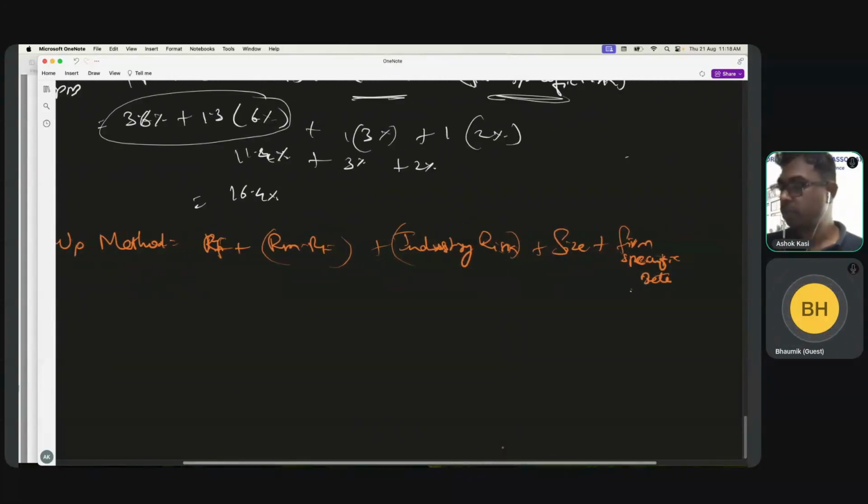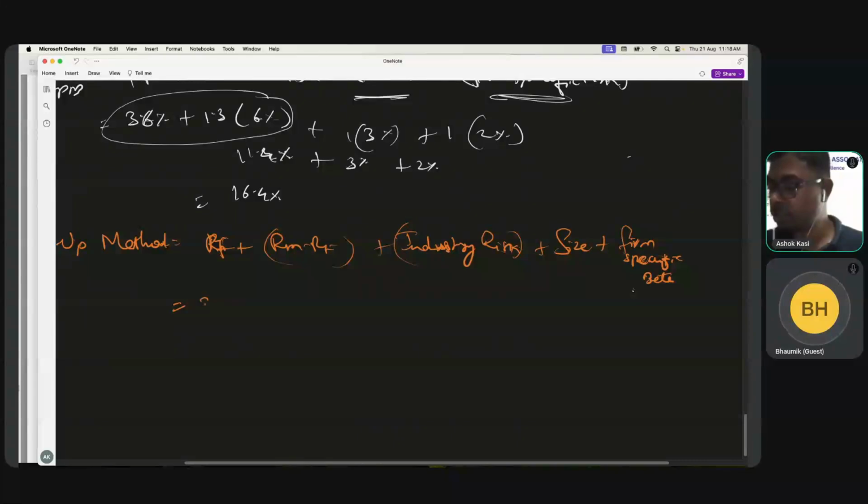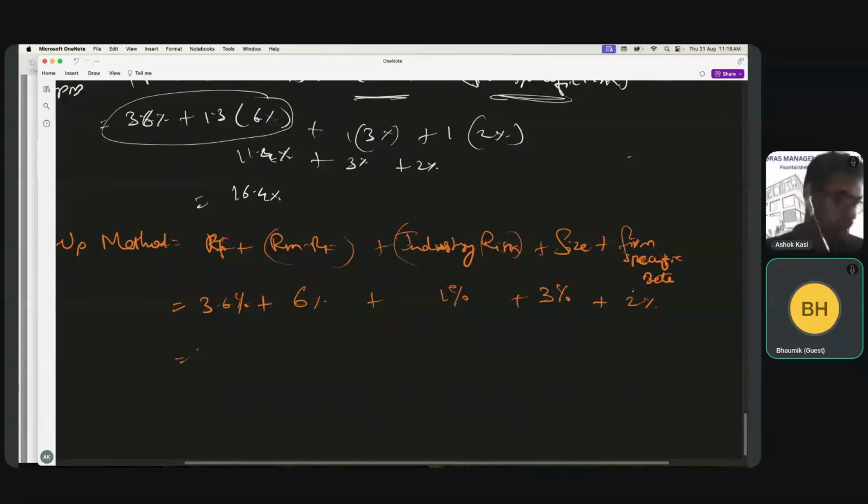Within the company there can be some unsystematic risk. Let's add up all this.